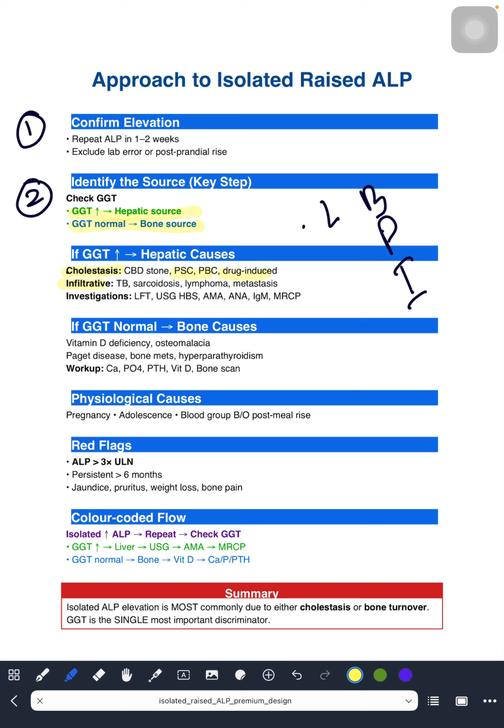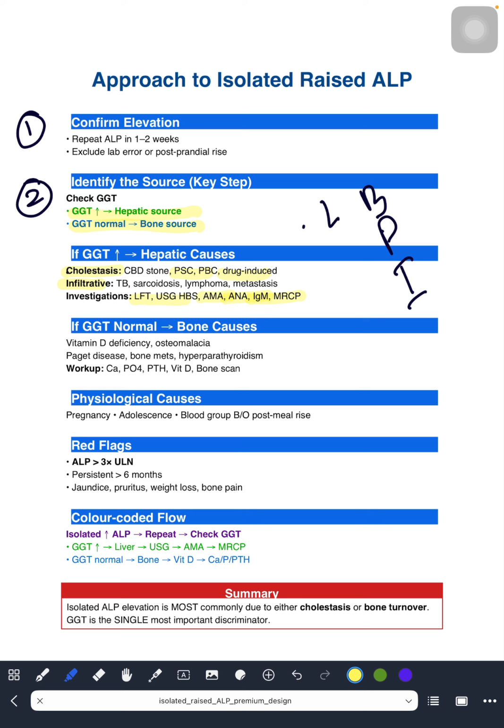What are the investigations if it is a hepatic cause? We should measure other liver function tests, that is ALT, AST and bilirubin, ultrasonography of the hepatobiliary system, autoantibodies, that is AMA, ANA, IgM, and lastly MRCP. And consider liver biopsy if we suspect infiltrative disease.